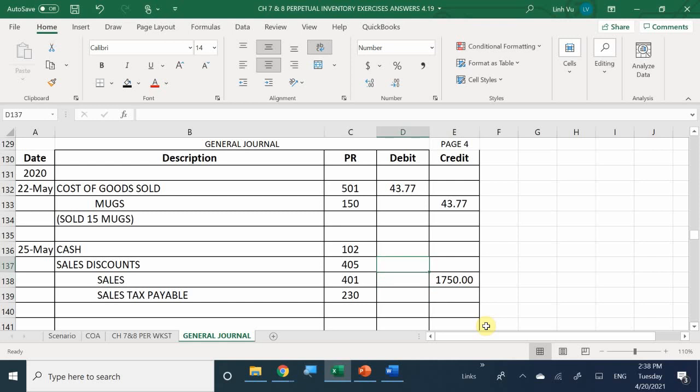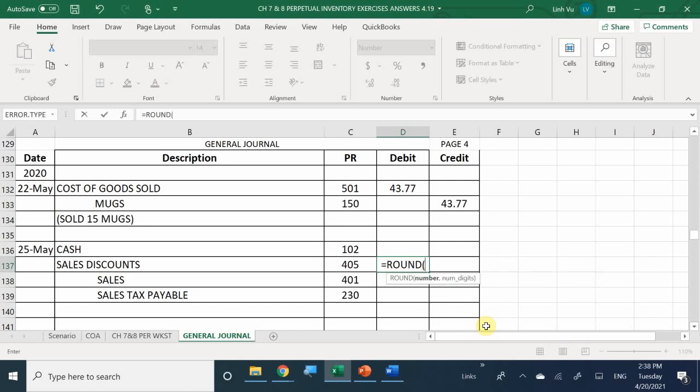Now that I have my total amount of sales, how much is the discount for now? What was the percentage of discount? Was it 700? What was it? What percentage? 700.